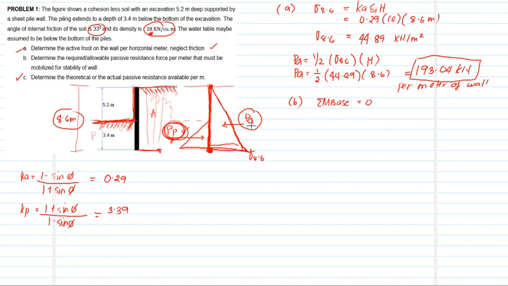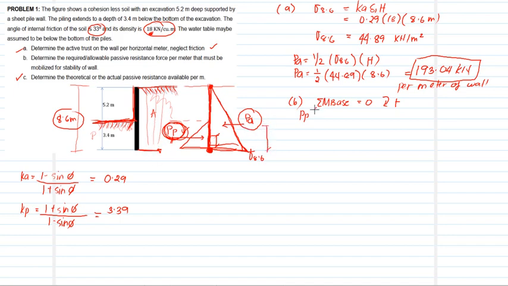So yung PA natin, nag-moment tayo dito, say this is positive, yung clockwise. So that is PP times etong length natin dito, that is 1/3 of 3.4, and then yung ito naman, that is 1/3 of 8.6.